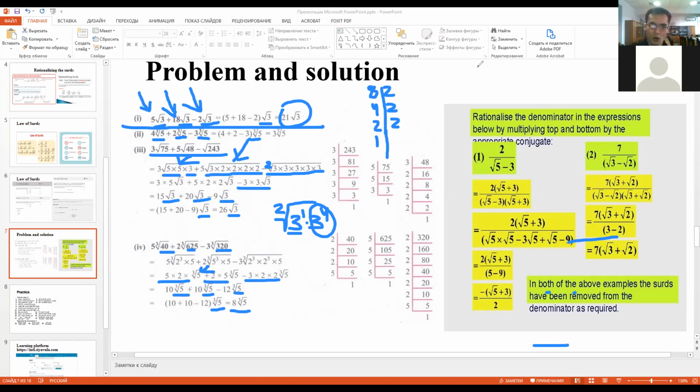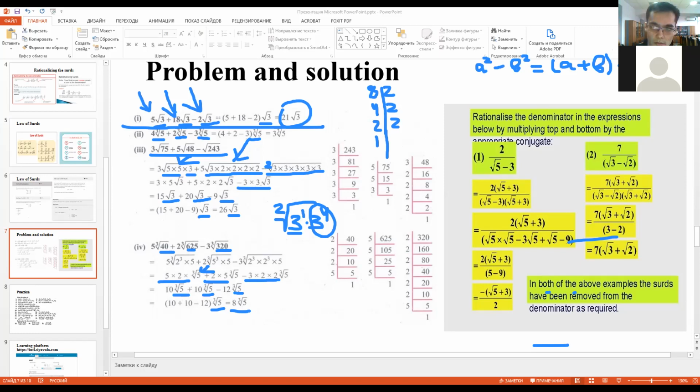And one more crucial thing about this kind of third problems is about using the formulas of the algebra. This kind of formulas: a square minus b square equal to a plus b multiply a minus b.